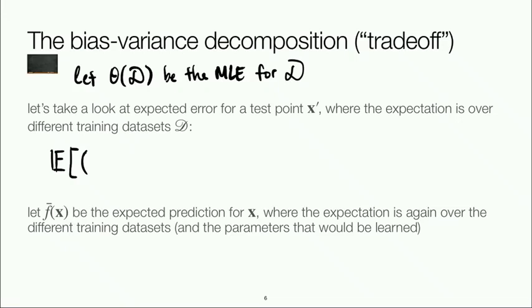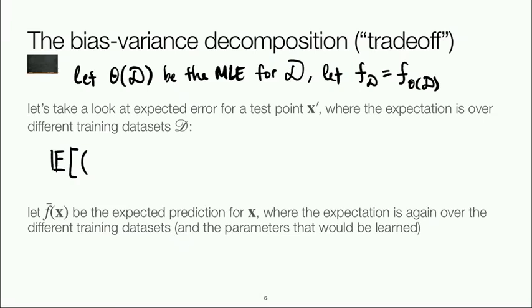And then for shorthand, let's let f of D be the same thing as writing f sub theta of D. The only reason I'm doing this is so that I can save a few pen strokes. So f of theta of D is the model that I would learn for a particular data set D that was randomly sampled.